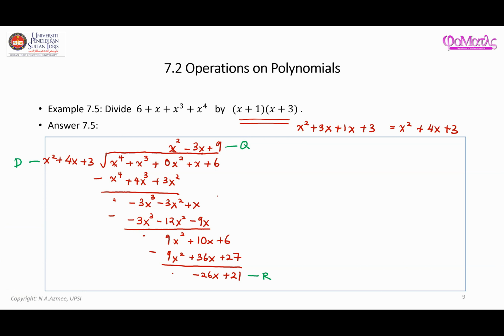And so what I can say is this polynomial, this is p of x, so p of x is equal to, okay, I'm going to write down this, therefore, so this is p of x, so x to the power of 4 plus x to the power of 3 plus x plus 6 is equal to, okay, q times d, or d times q, doesn't matter.